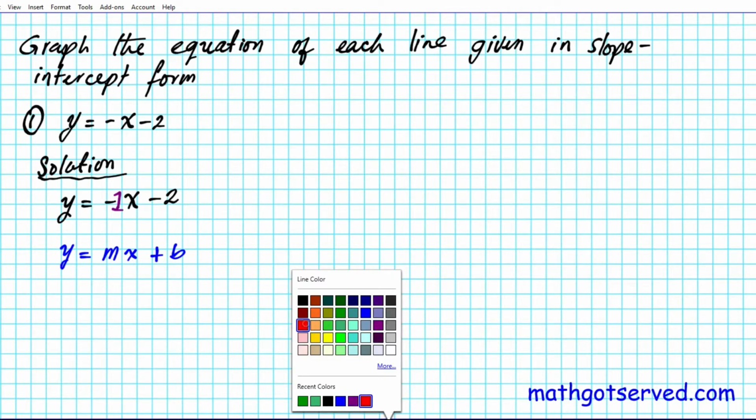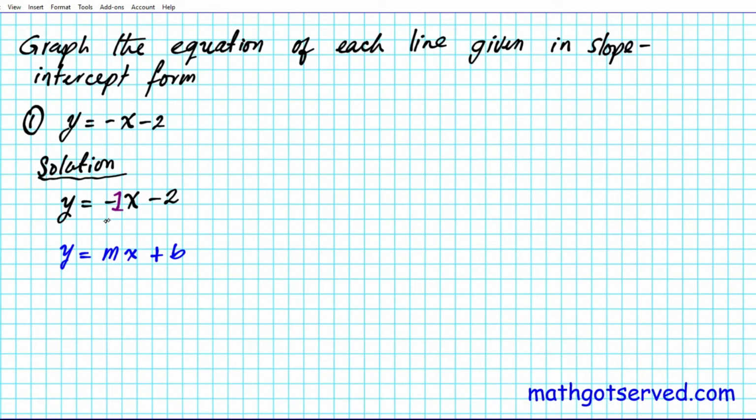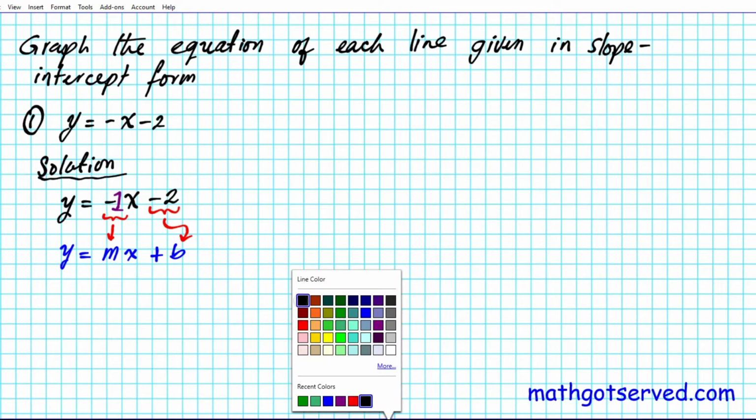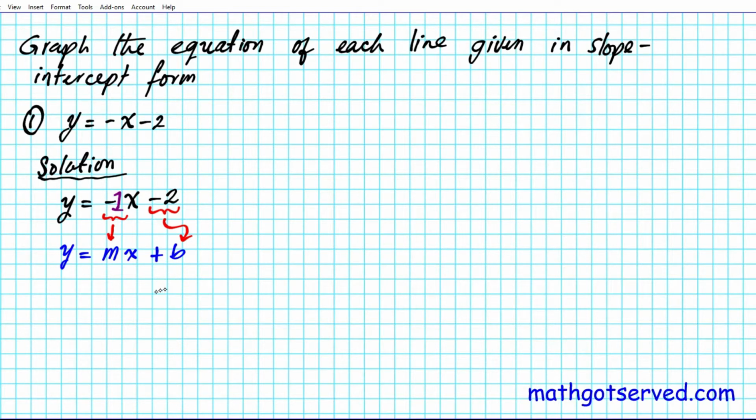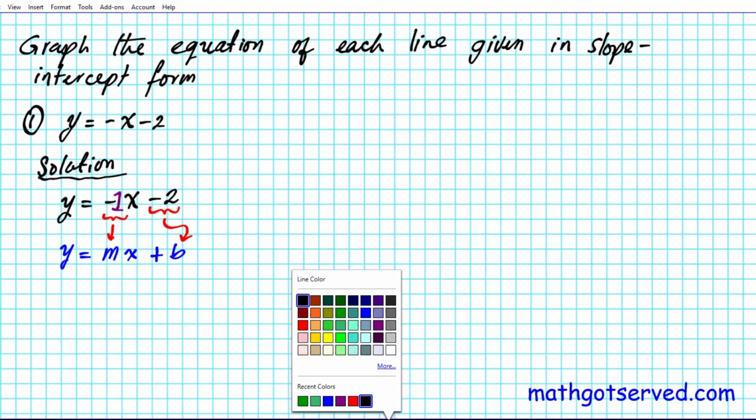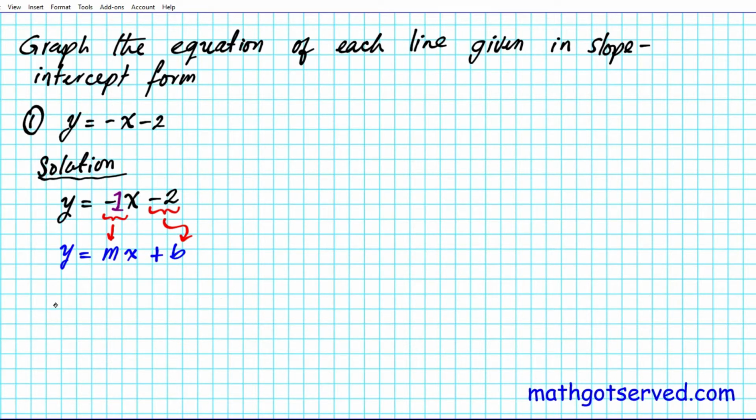So with this setup, we can see that our slope is negative 1, and our y-intercept b is negative 2. Let's write those down with their names. We're going to begin our graphing with the y-intercept.